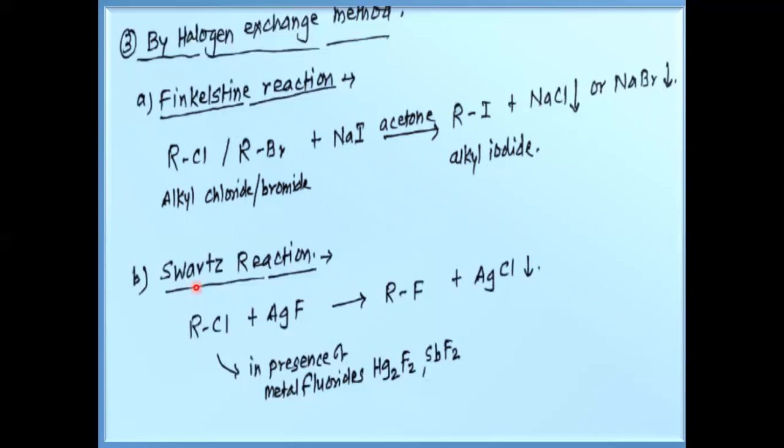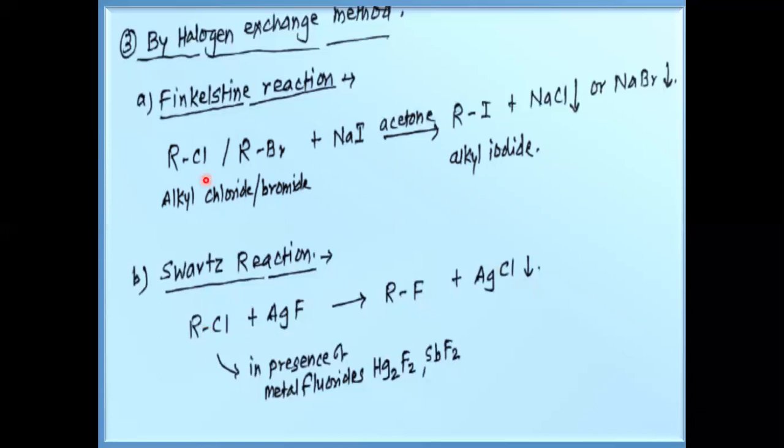Okay, now the Schwartz reaction. When alkyl chloride reacts with silver fluoride, or in presence of any metal fluorides such as mercurous fluoride or antimony fluoride, it gives the corresponding alkyl fluoride, and silver chloride is precipitated.